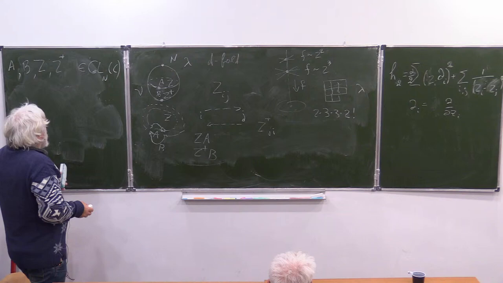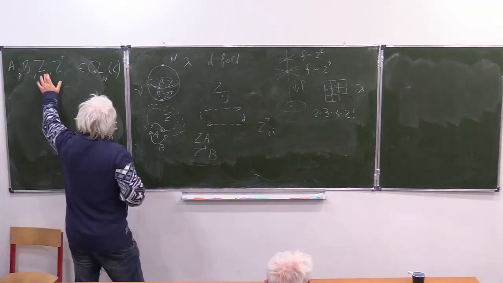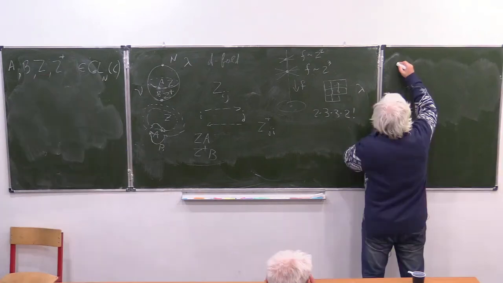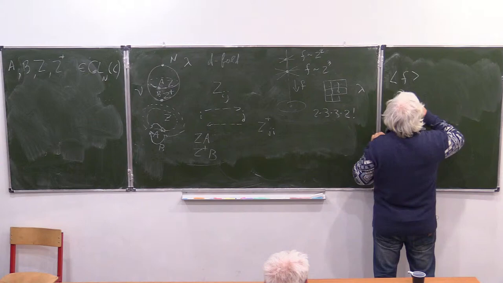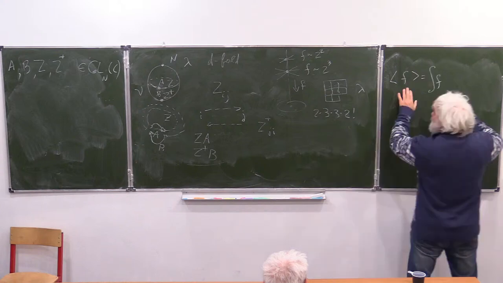It is defined on the space of matrix elements of these matrices, with the following measure. If we have some function f of entries of the matrix Z and Z-dagger, then f is a function of matrix entries.